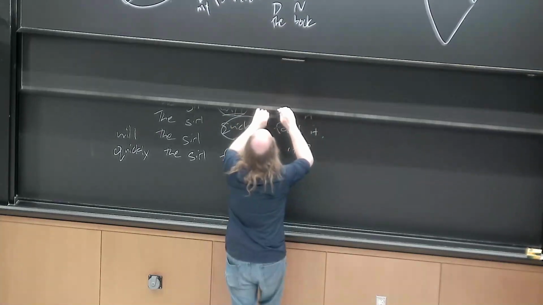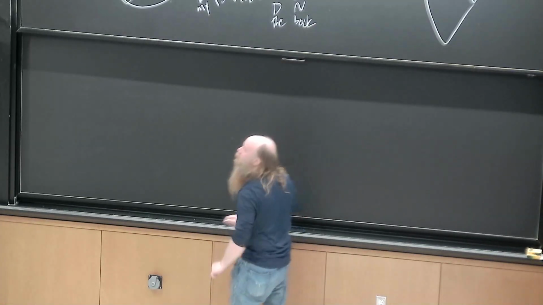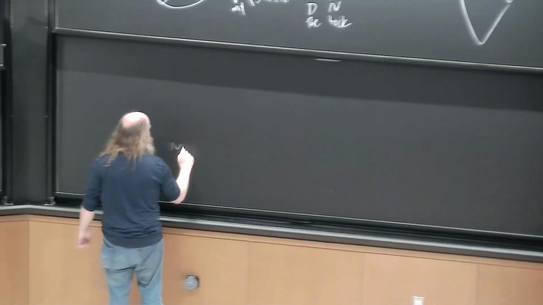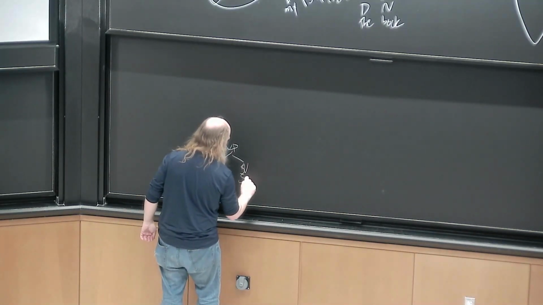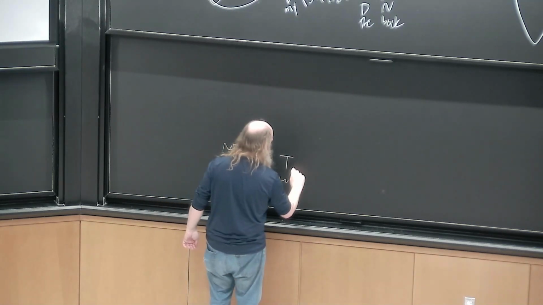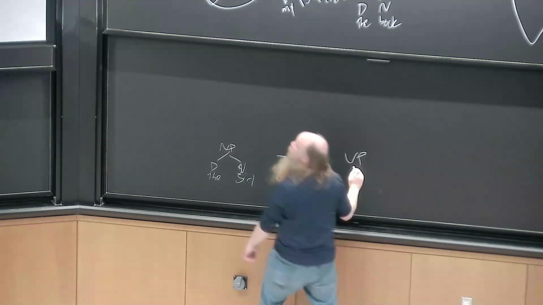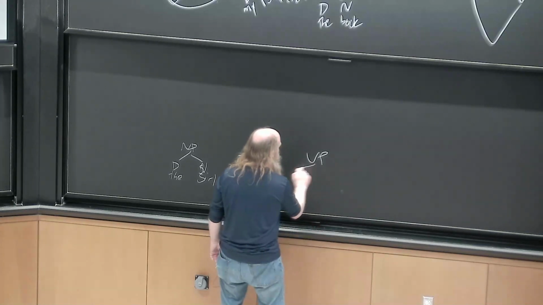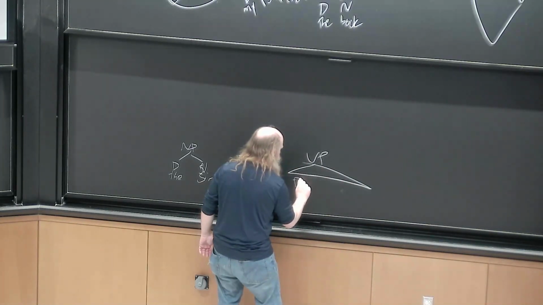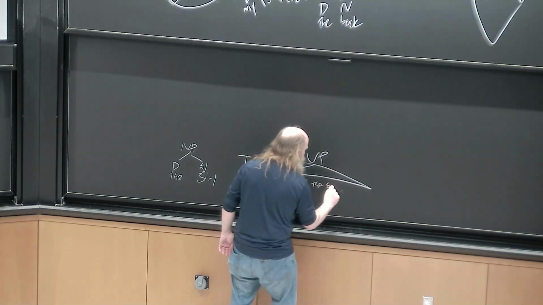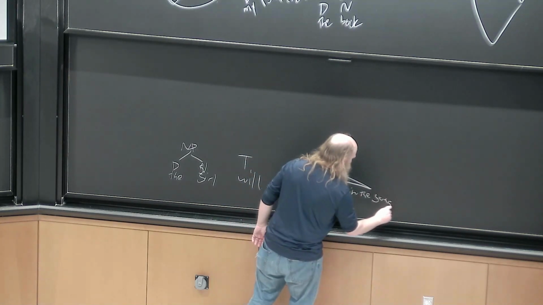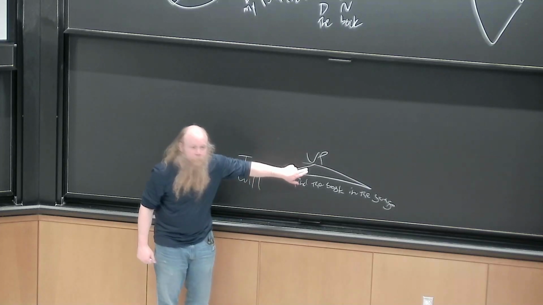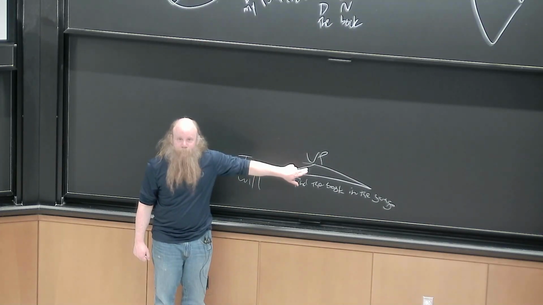We've got three things. The noun phrase, the girl, and the T will, and the verb phrase, find the book in the garage. We have a technical term for this. It's called a triangle.